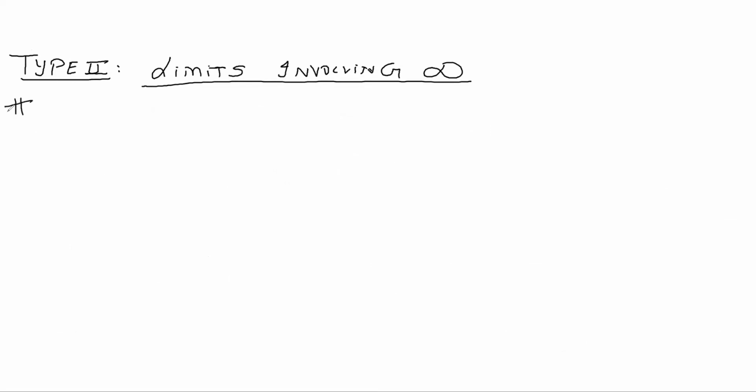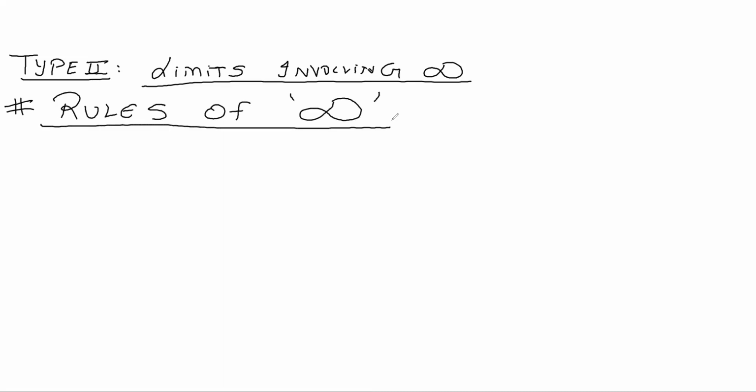So to understand this, first of all you should know the rules of infinity. All of you should be familiar with the rules of infinity. So write them. Infinity plus infinity is equal to infinity.